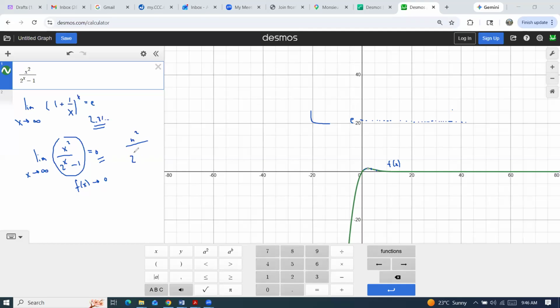So instead of x, if I put n, and n runs through just integer numbers, right? 1, 2, 3, 4, and so forth. So since the function goes to 0 in infinitely many points on the grid, then if I just select points from this graph, they will also have their y coordinates going to 0.